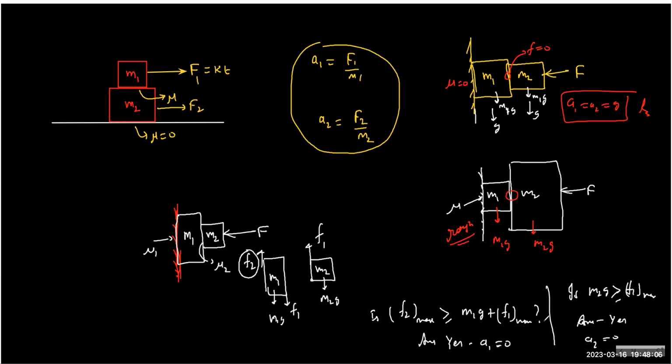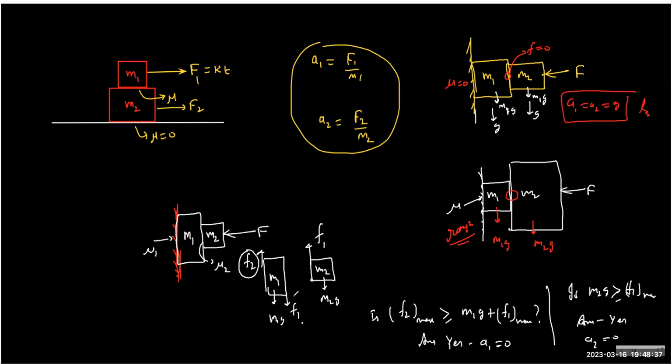Then F1 is M2g, because it's simply a question of equilibrium. In fact, F2 is (M1 plus M2) times g, because F2 is balancing the entire system. It is also coming from the FBD: F1 is M2g, F2 is M1g plus F1, which is M2g, which is in turn (M1 plus M2) times g.